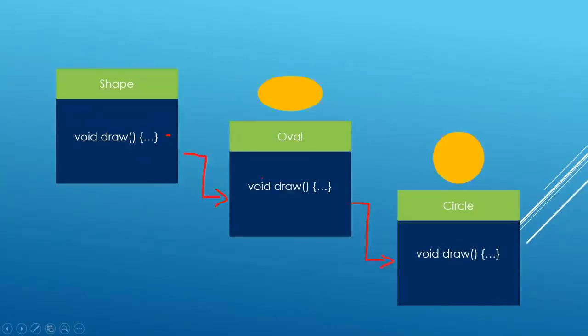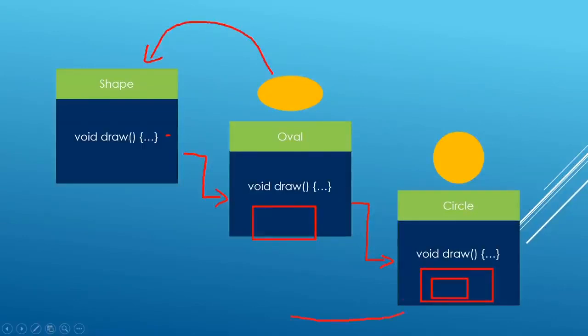So from what we learned in the last chapter, oval has a shape part in it, and circle has an oval part in it, which in turn has a shape part in it. So from this understanding, it shouldn't really be surprising that we are able to manage an oval object with a shape pointer, or the fact that we are able to manage a circle object using a shape pointer. This is why we are able to do something like this.